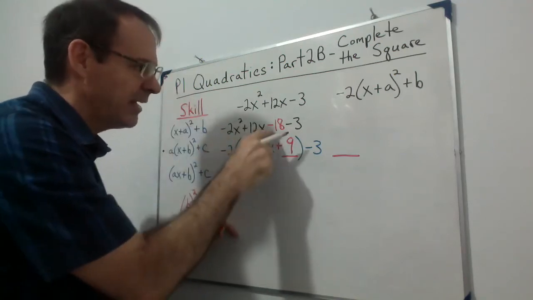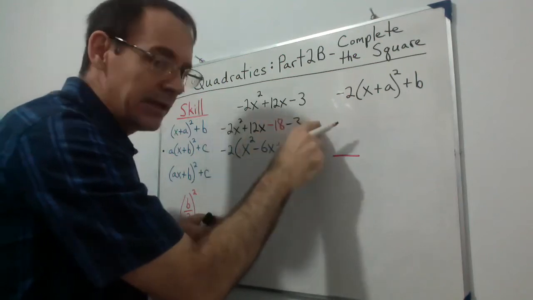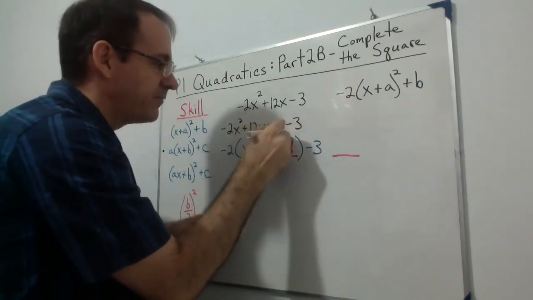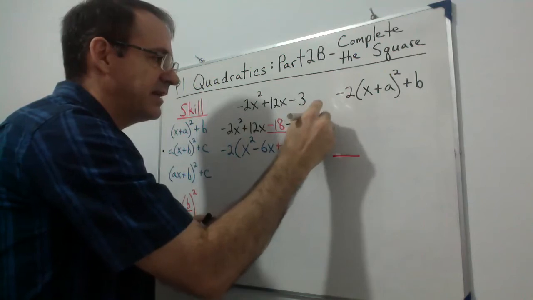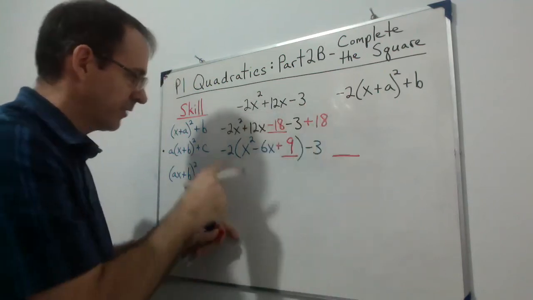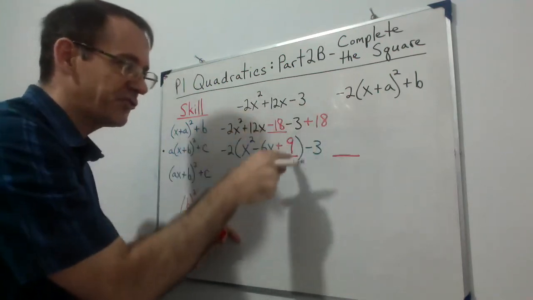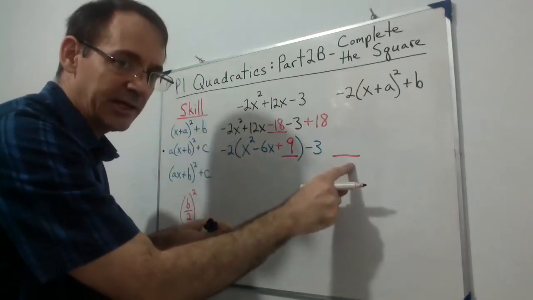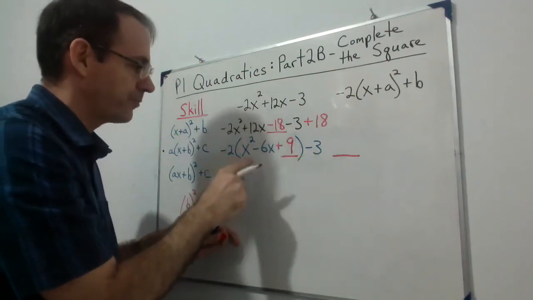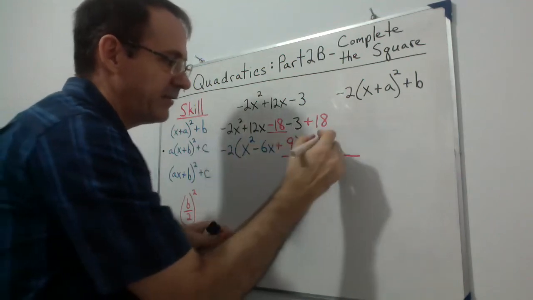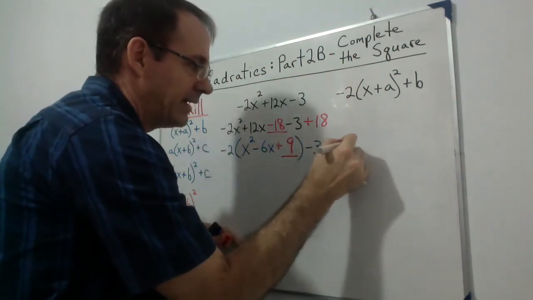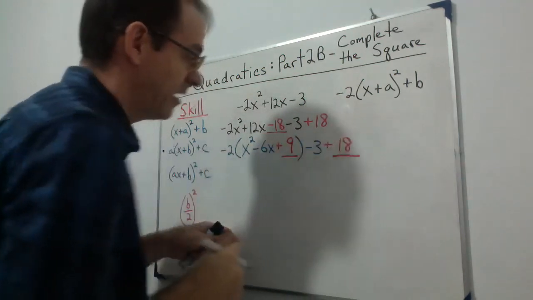So when we equalize it, the opposite of -18 is actually +18. So this -2 distributes and affects our equalization. So -2 times 9 is -18, so we want to add 18 over here.